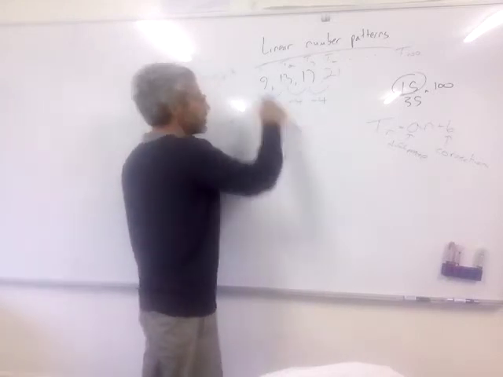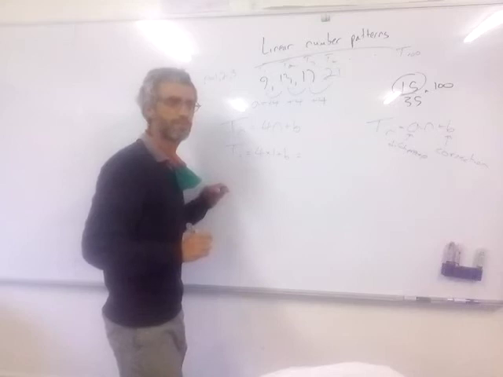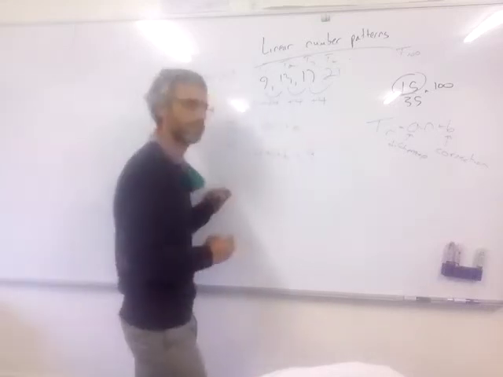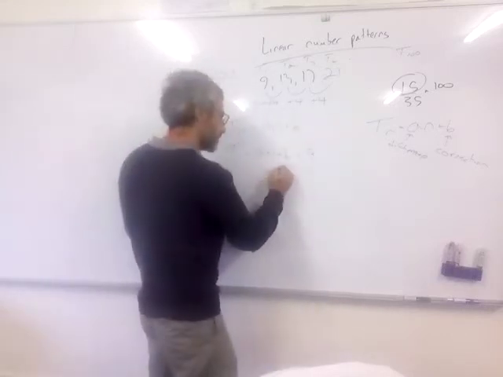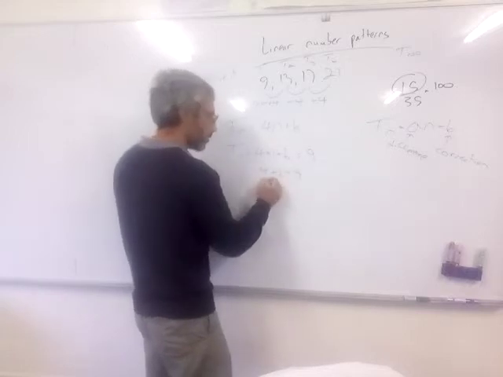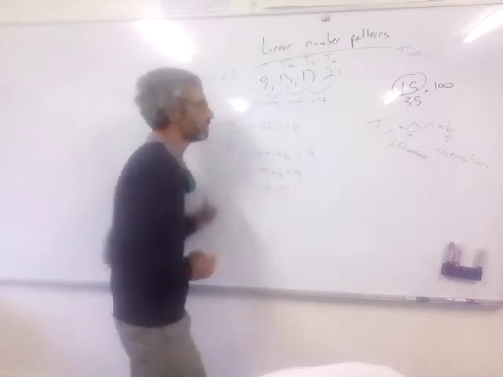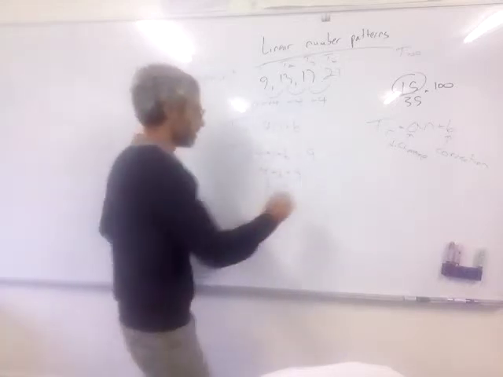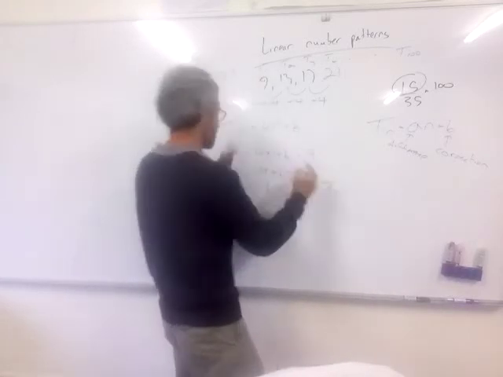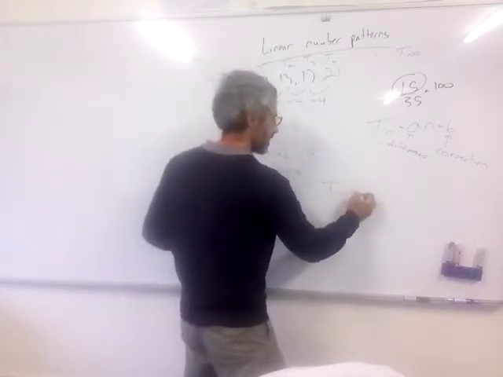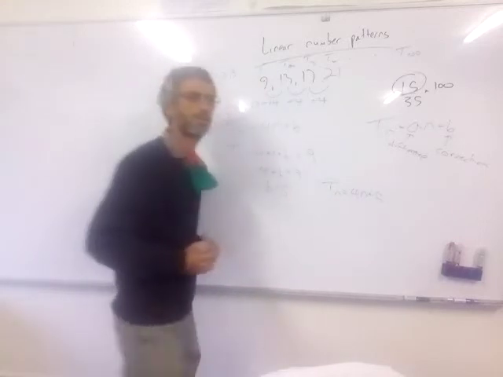But I also know that the first term is 9. So I need to say, okay, that's equal 9. In other words, I'm writing 4 plus b equal 9. Quick rearranging, b equal 5. Okay, so that's how Finkel knew that in this case, the formula is 4n plus 5.